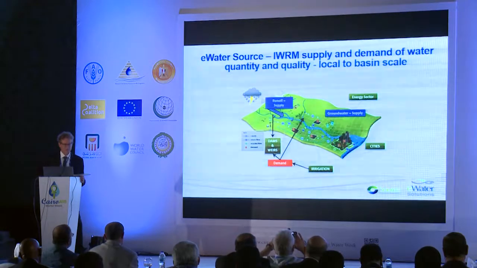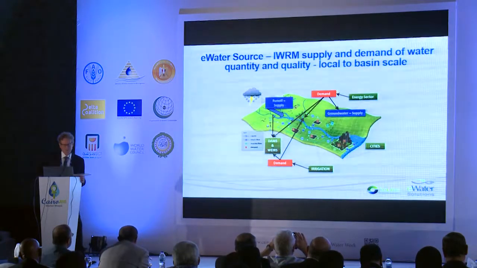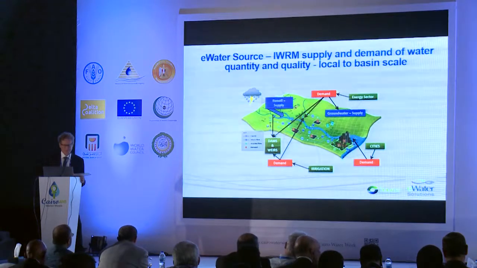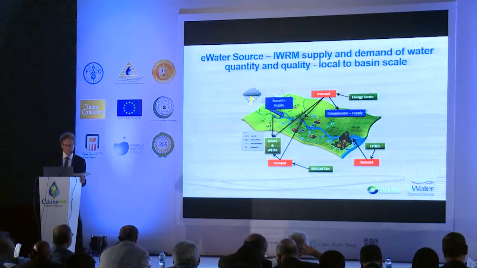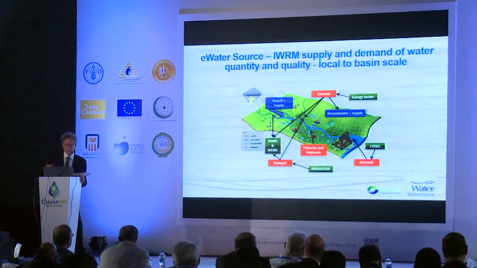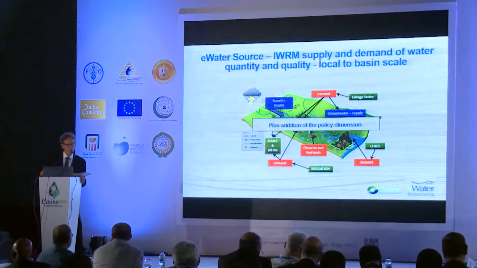So we might have demand from irrigation, a demand perhaps from the energy sector. We have our drinking water requirements from cities and urban towns. And in Australia, we have a particular focus also on environmental demands. And this model looks at all of those things together and overlies the policy dimension.